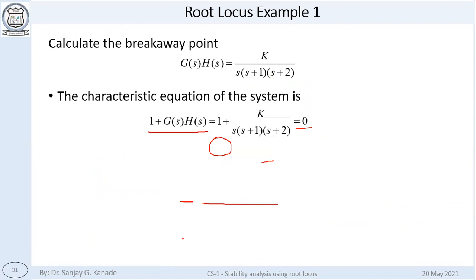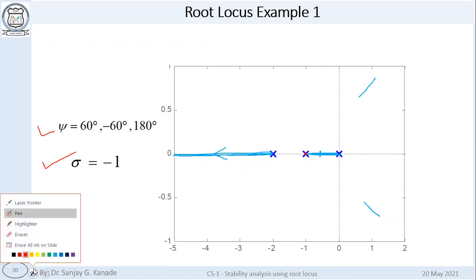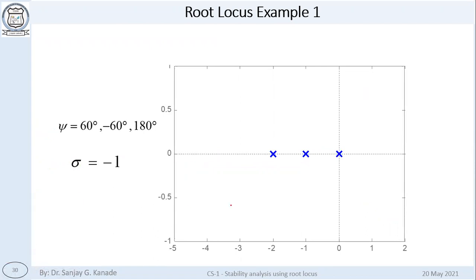So if you take a look at this graph, where are the roots and where is the real axis locus, right? I'm drawing again the real axis locus like this. So this is actually the real axis locus.